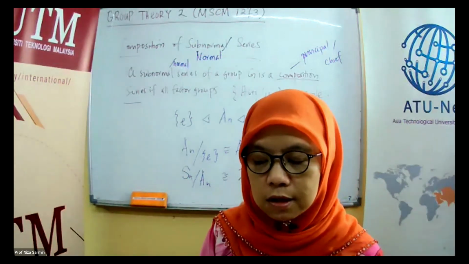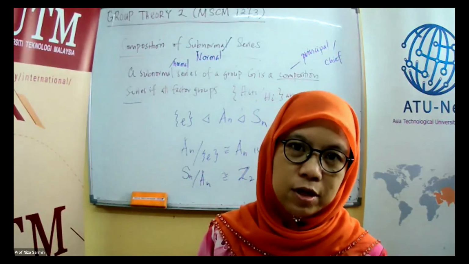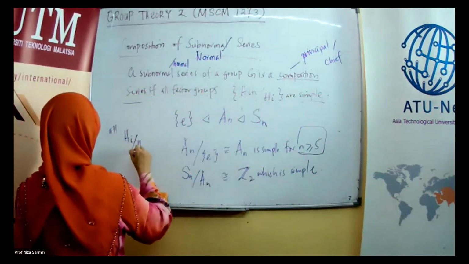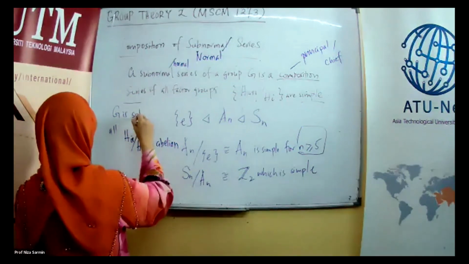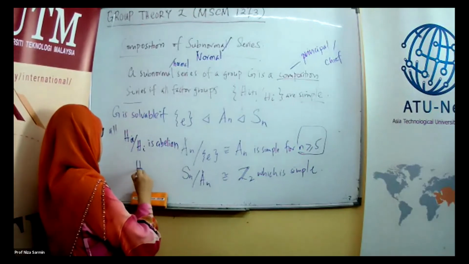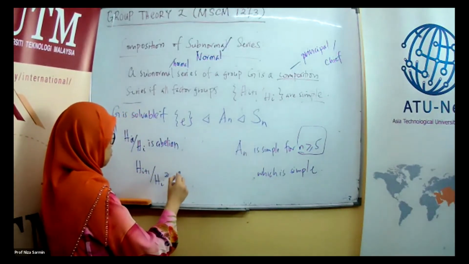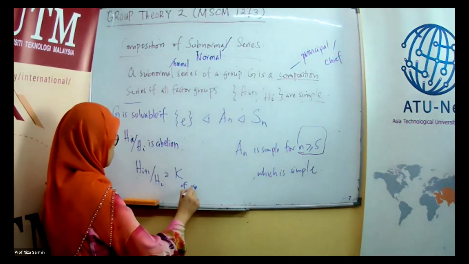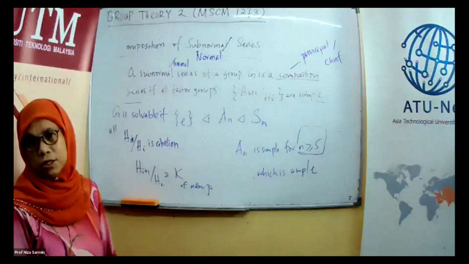A group is solvable if there is a composition series and all factor groups are abelian. So if the factor group is isomorphic to an abelian group, or isomorphic to a group of order p, because it's always prime, abelian, even if it's not p, like just now Z4, right?